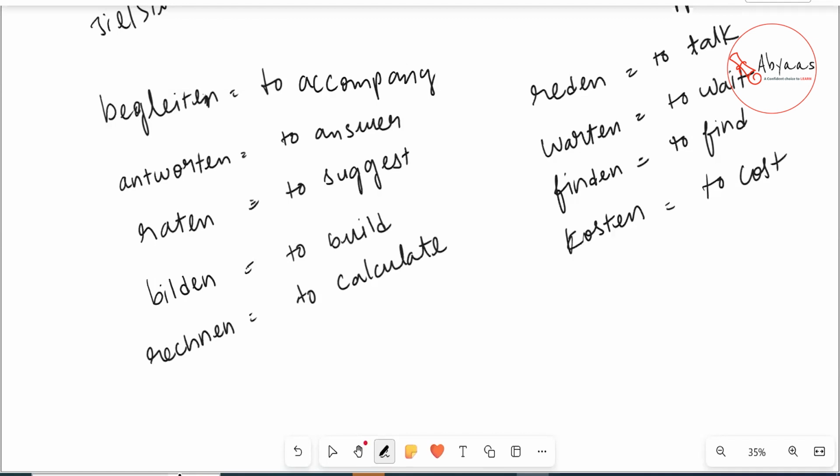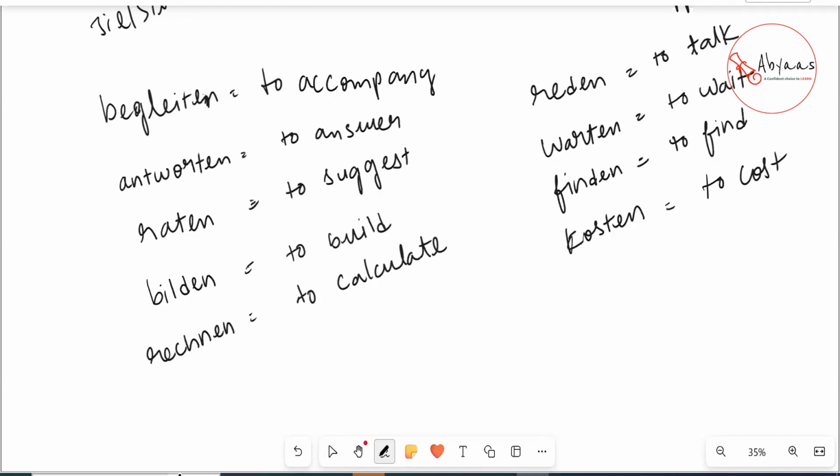I can't say I cost, you cost. We can say they in the sense of living things and pet animals, they cost this much. Or any non-living thing in plural form, they cost something. So in that case, most probably it is the third person singular conjugation, kostet.